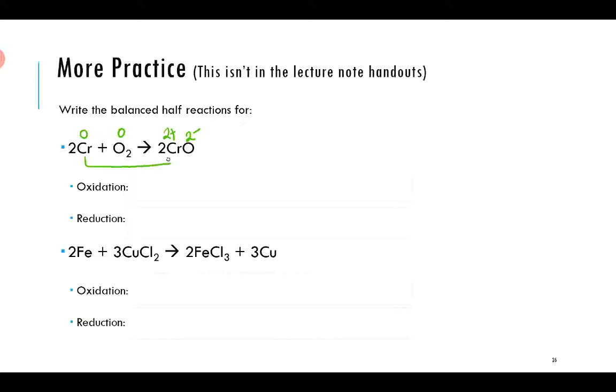So we have chromium becoming more positive, and that's oxidation, and oxygen becoming more negative, which is reduction. My chromium is going to go in my oxidation line, so that's chromium starting off with a 0 oxidation state, becoming chromium 2 plus.